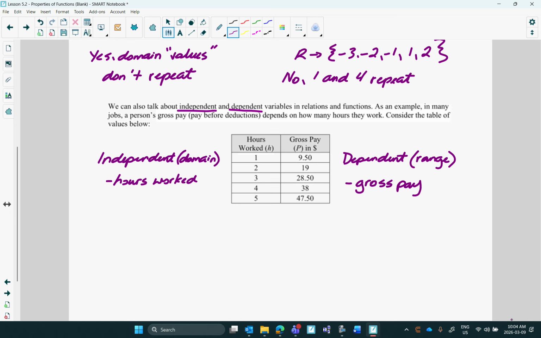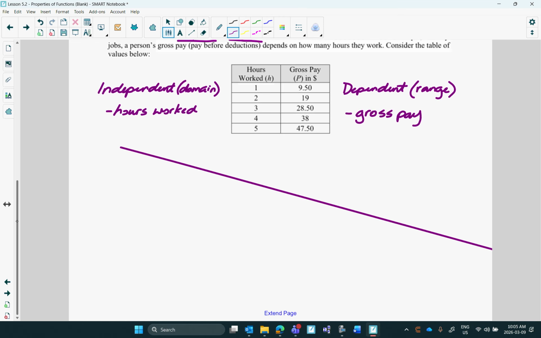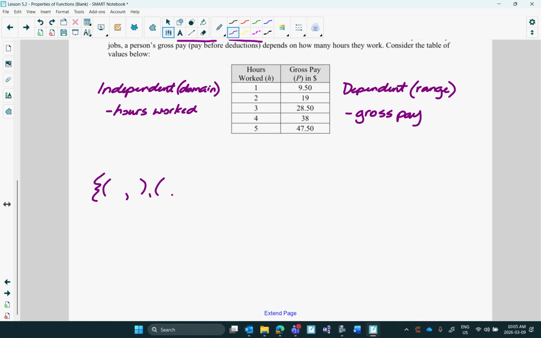So just remember, with ordered pairs, those represent the domain. Those represent the range.